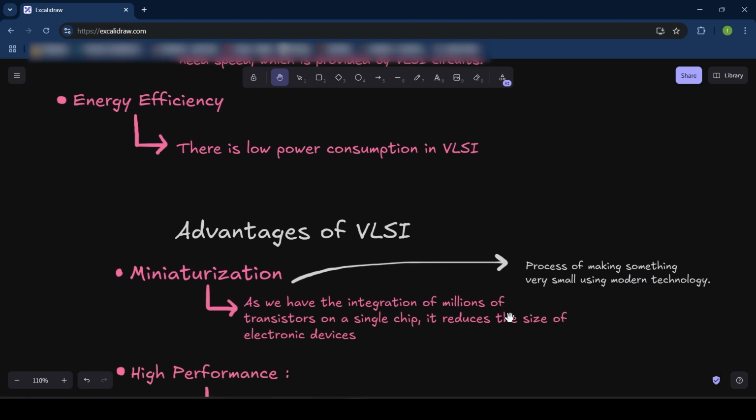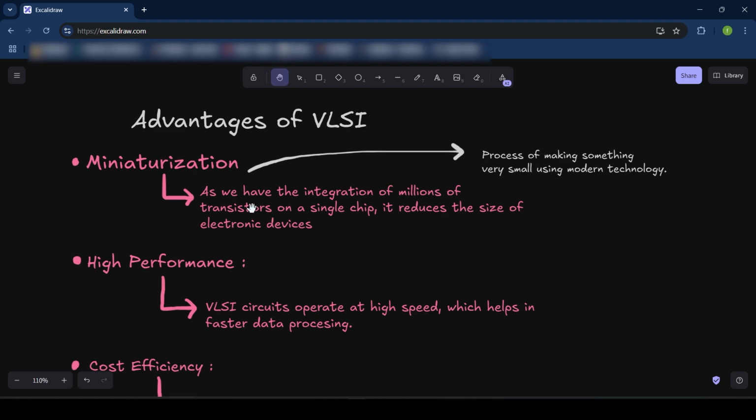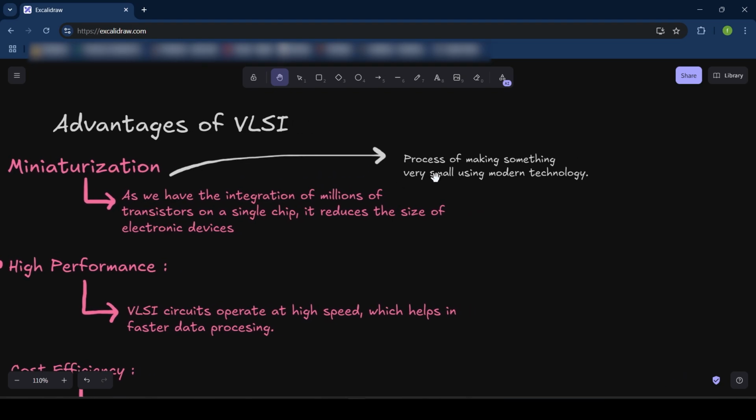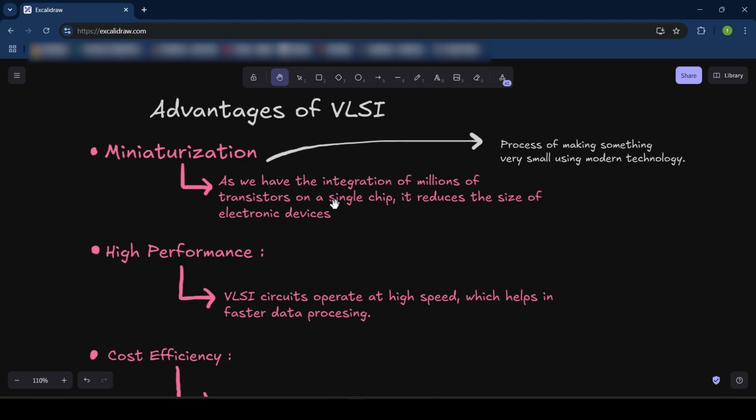Now let's see the advantages of VLSI. The first advantage is miniaturization, which means the process of making something very small by using modern technologies. As we have integrated millions of transistors on a single chip, that reduces the size of electronic devices as well.